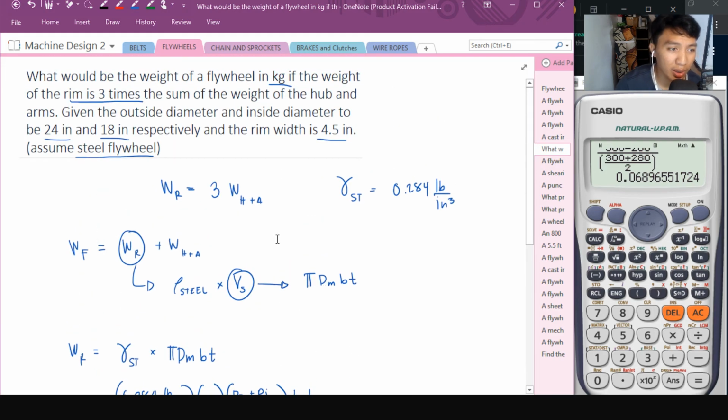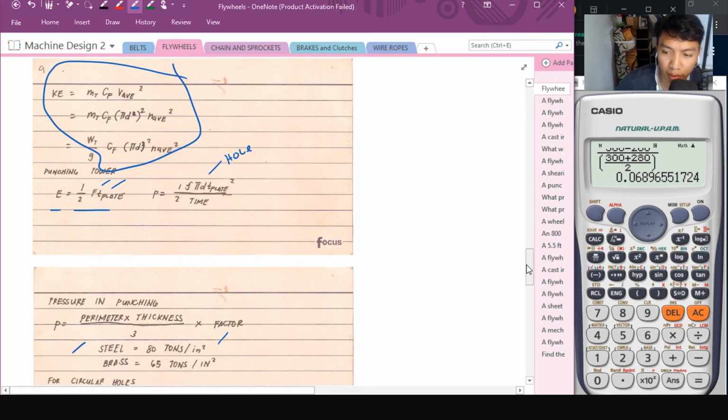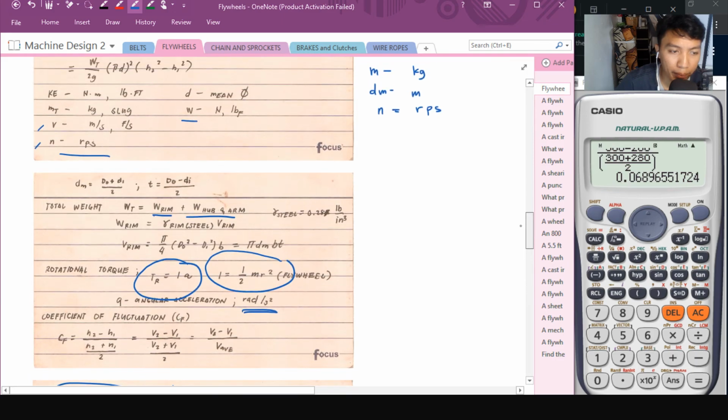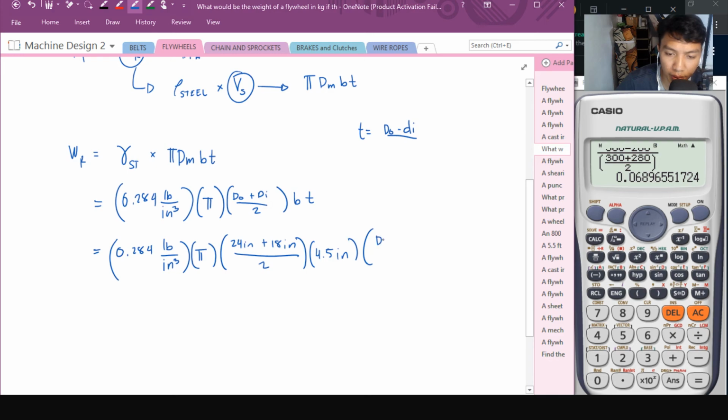However, we don't have the thickness yet. Where do we find the thickness? The thickness is equal to DO minus DI divided by 2. Let's replace it with the values: 24 inches minus 18 inches.